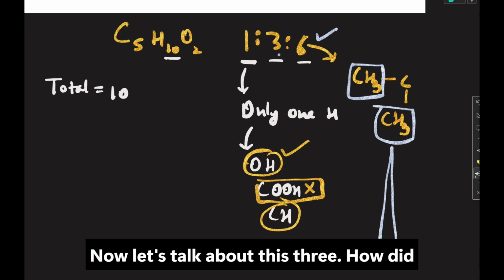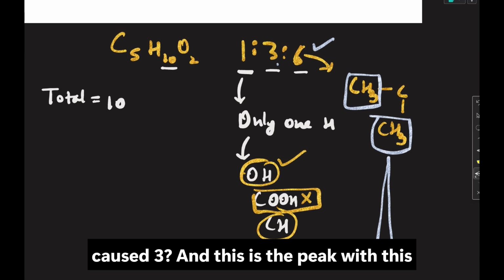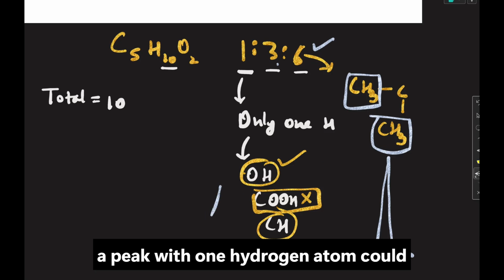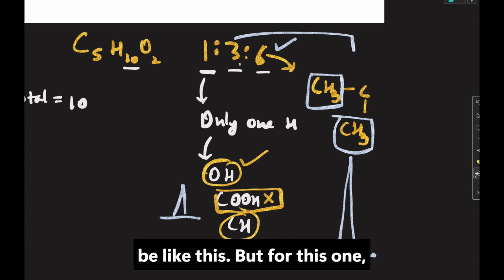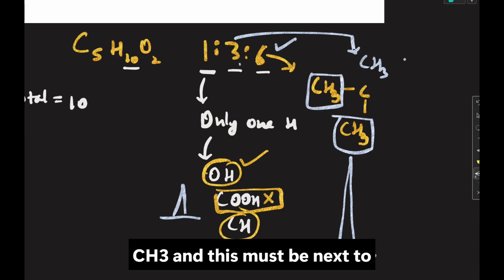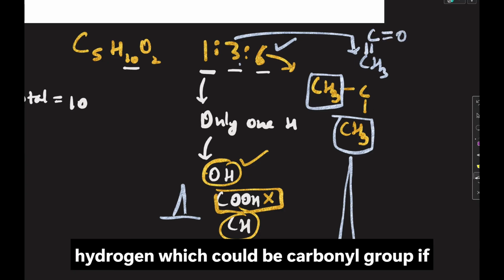Now let's talk about this 3. What could have caused the 3? It could be a CH3, and it must be next to a carbon which does not have any hydrogen, which could be a carbonyl group.